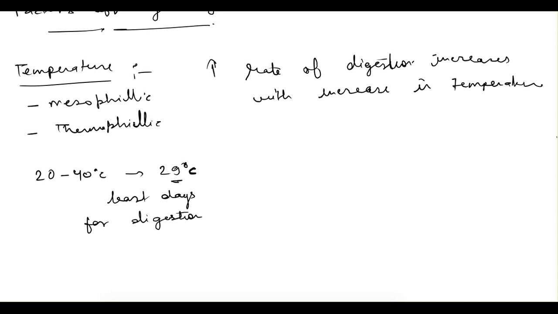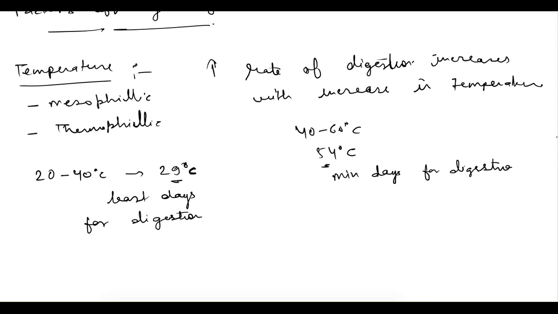Thermophilic bacteria work in the range of 40 to 60 degrees Celsius, and the optimum temperature is 54 degrees Celsius, where they take minimum days for digestion.